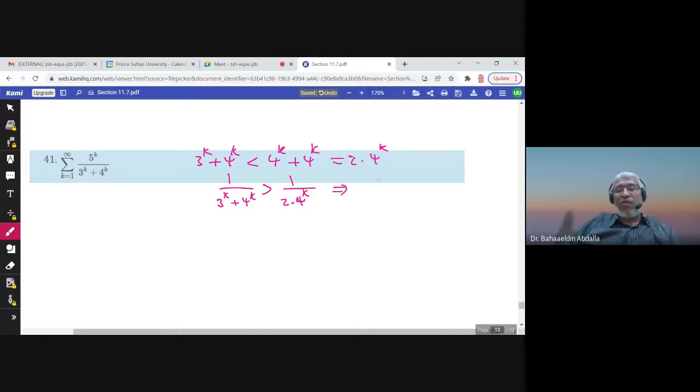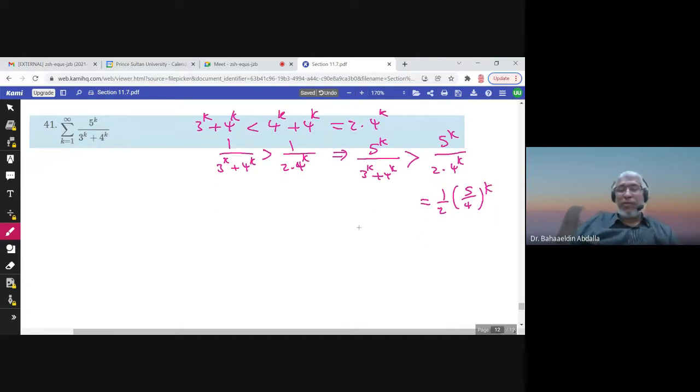And then 5 to the power k over 3 to the power k plus 4 to the power k would be greater than 5 to the power k over 2 times 4 to the power k, and this is in fact 1 over 2 times 5 over 4 to the power k.